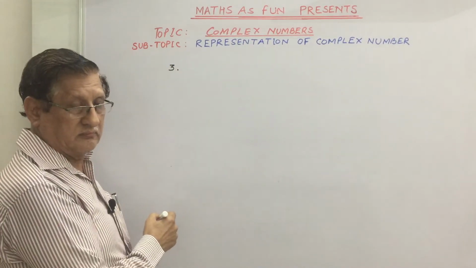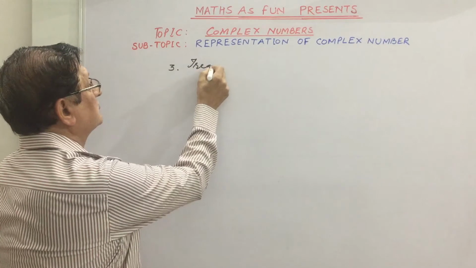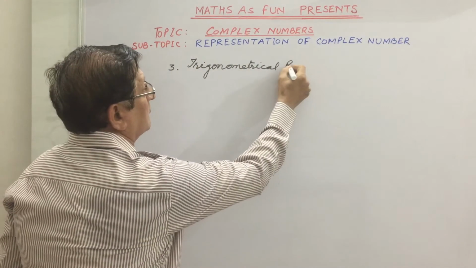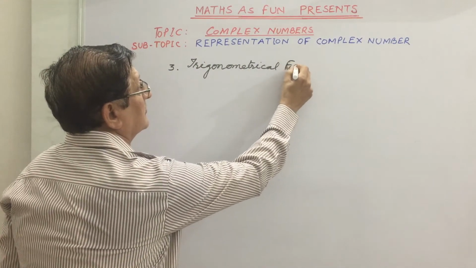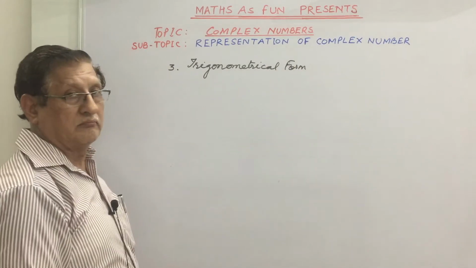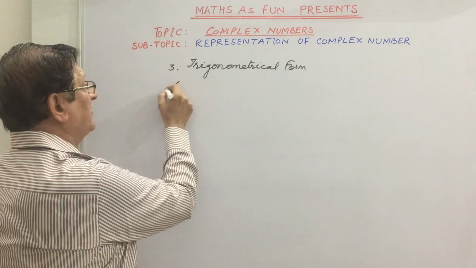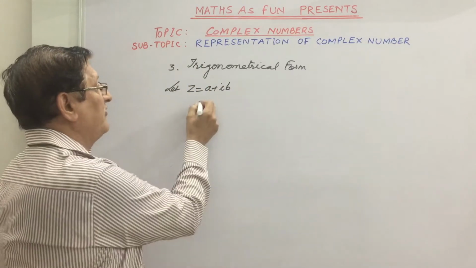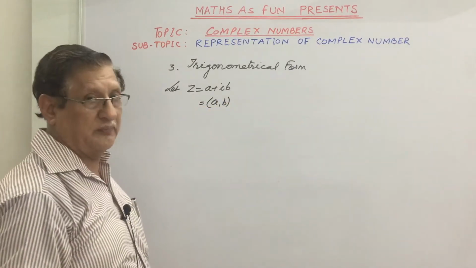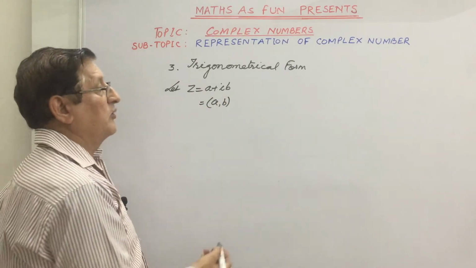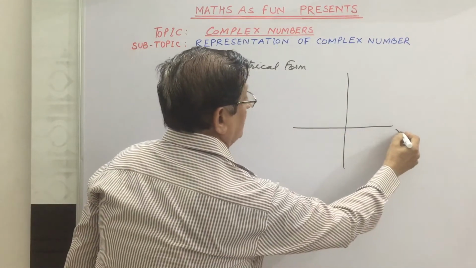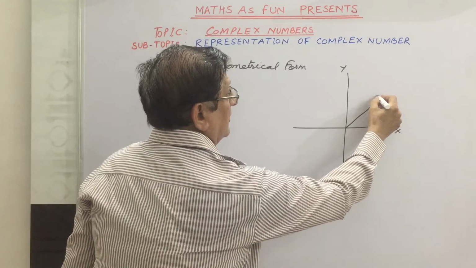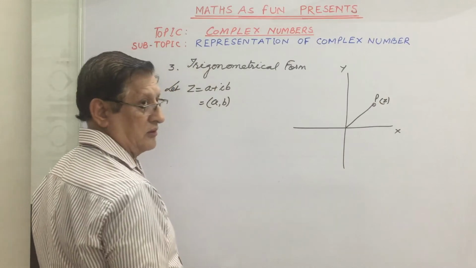Third one is trigonometrical representation. Or trigonometrical form we can say. Let Z be a complex number which is represented by A plus iota B, and we also write in ordered pair form as A comma B. And if we plot it on the Argand's plane, we find that this is represented by P, that is AB.